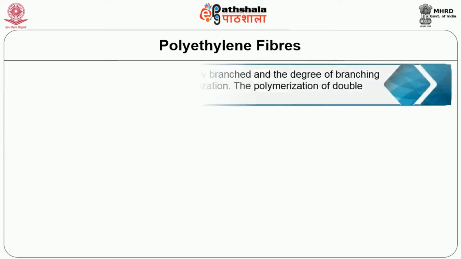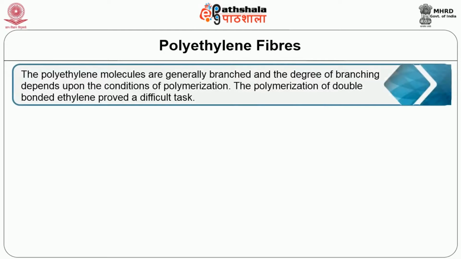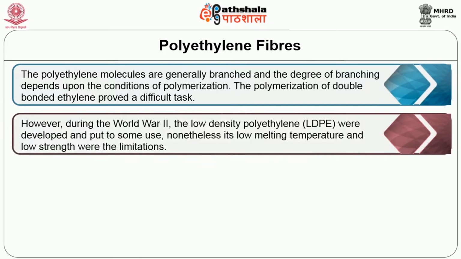Polyethylene fiber. Polyethylene molecules are generally branched, and the degree of branching depends upon the condition of polymerization. The polymerization of double bond ethylene proved a difficult task. However, during World War II, low-density polyethylene, also called LDPE, was developed and put to some use.